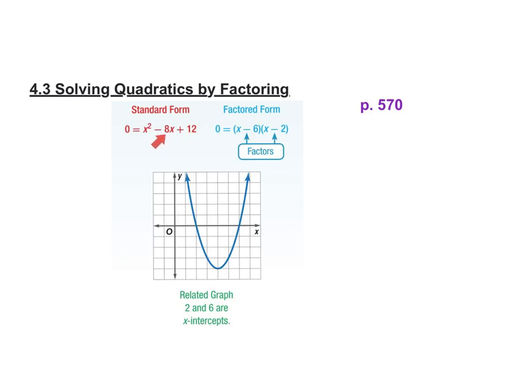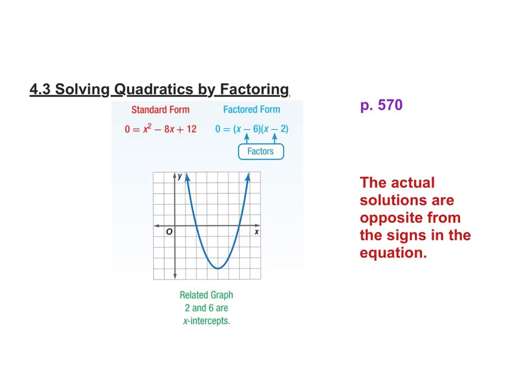Factors of 12 that add up to -8 are -6 and -2. So I can factor this out. Now notice here, my solutions are 2 and 6, and inside here I have -6 and -2. That's not a coincidence. The solutions can come from the factored form. So the actual solutions are opposite from the signs.